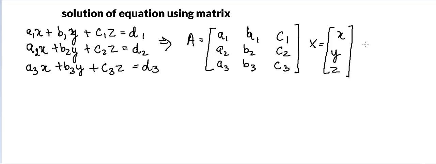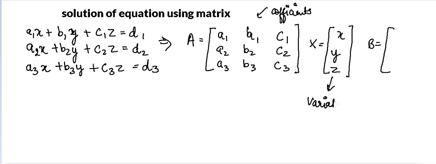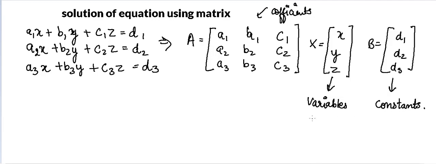And B can be represented as constants. So these are the coefficients, these are the variables, these are the constants, right? Now how you can find this solution? Okay, so the solution is basically the value of x, y and z, right? So how you can find these solutions?